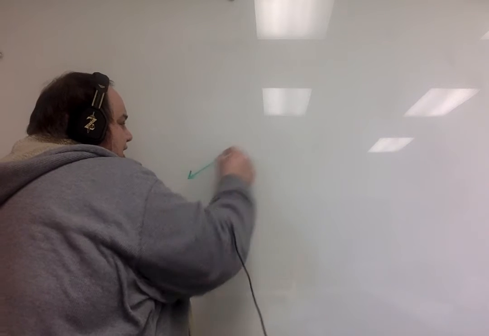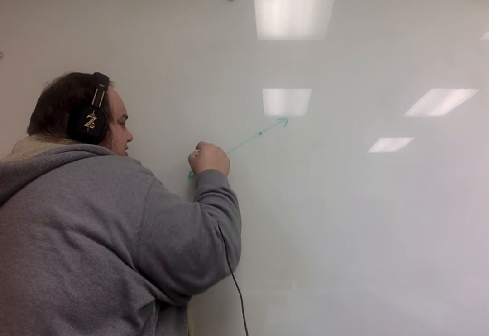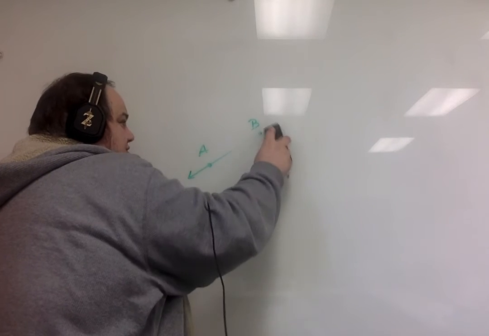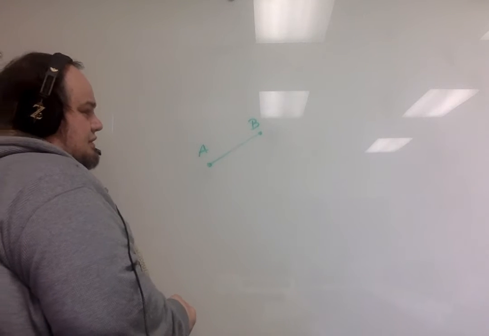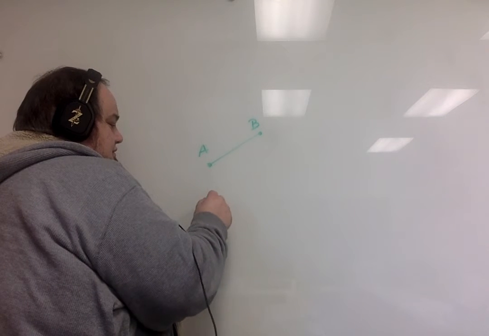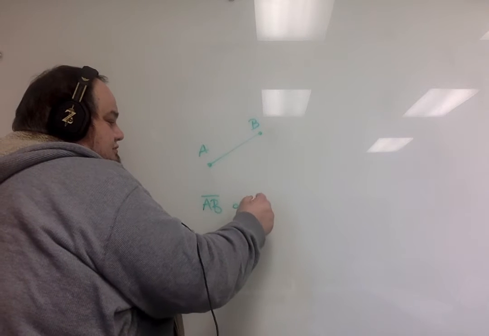So if we have a line, it goes on forever in both directions. A line segment is when we just have part of that line. So it stops. The places where it stops are called the endpoints. To write a line segment in symbols, we would write AB with a little line segment over it. You can also name it BA.